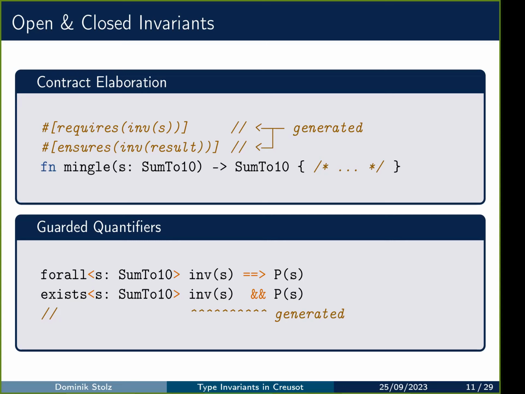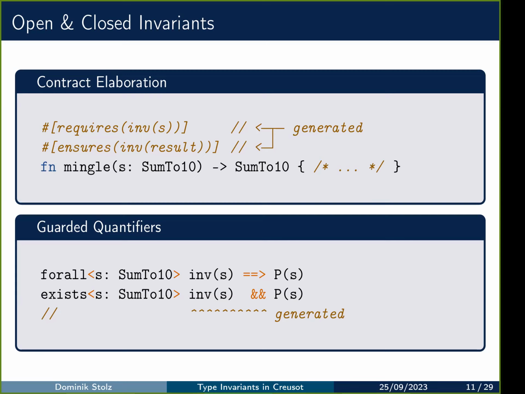So for a universal quantifier quantifying over values s of some type SumTo10, we add an implication that we only look at values s that satisfy the invariant, and P is just some predicate. And similarly for existential quantifiers, we also only consider values s where the type invariant of s holds.